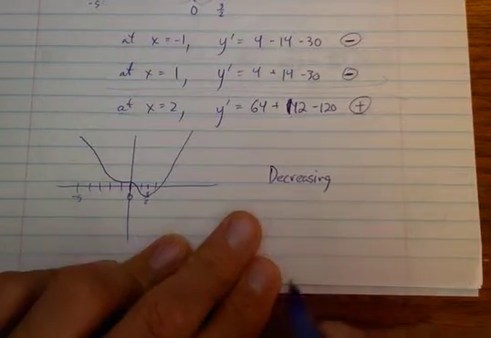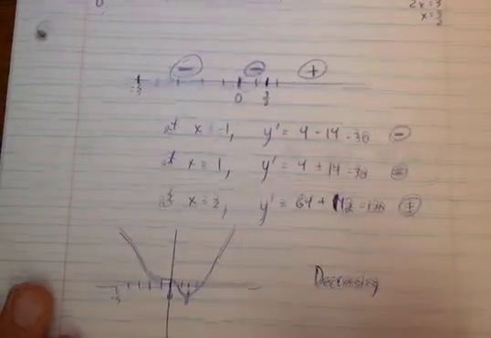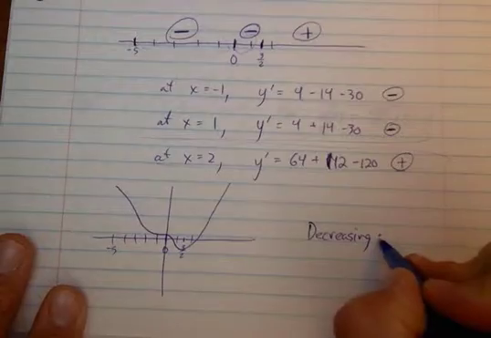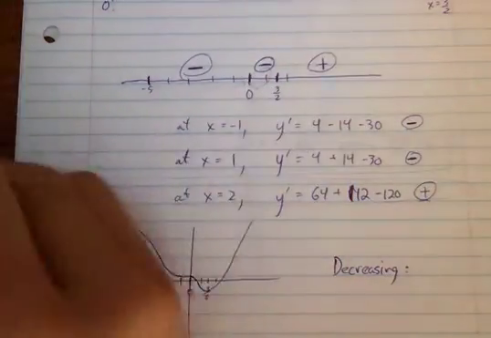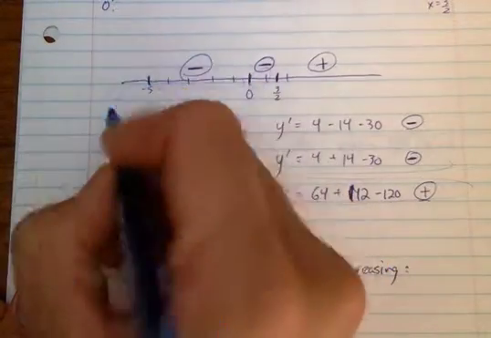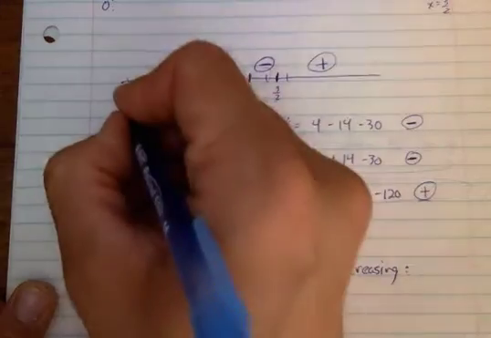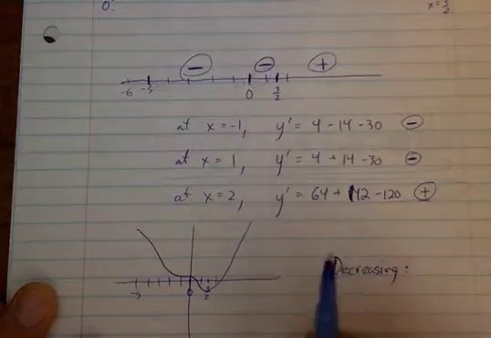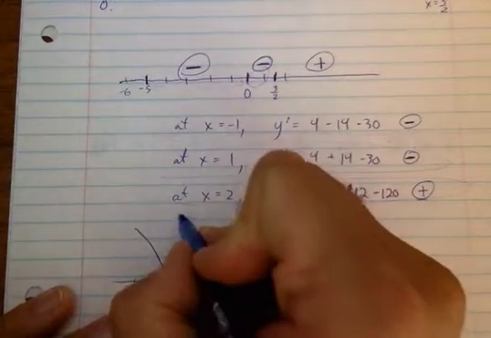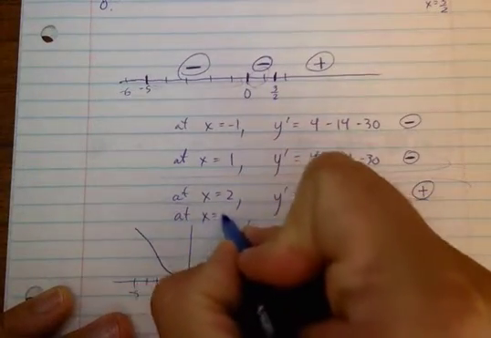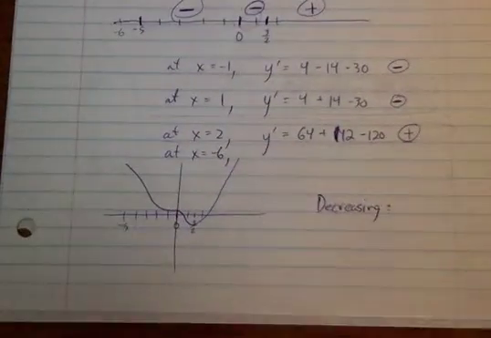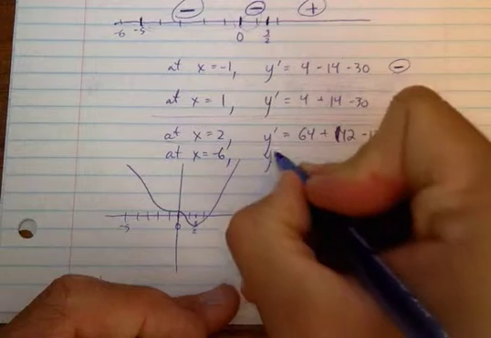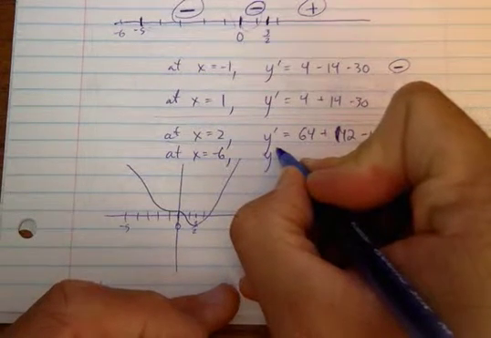Oh wait, I'm just realizing now, we left out one little part. We left out this side of this number. So let's plug in -6 and see what happens. So at x equals -6, you guys are treated to my stream of consciousness teaching.